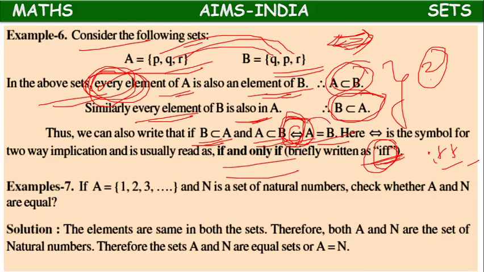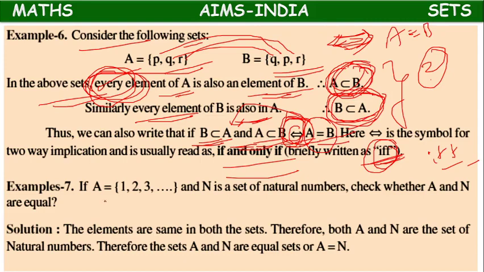Means if the right side condition, given after iff, is satisfied, then only the left side condition before the double implies will be satisfied. Means first one is a subset of second and second is a subset of first. This is possible when both are equal, when A equals B. Okay.